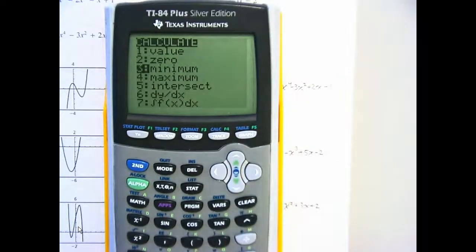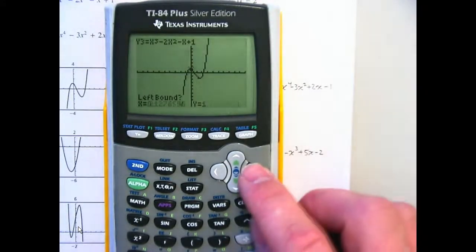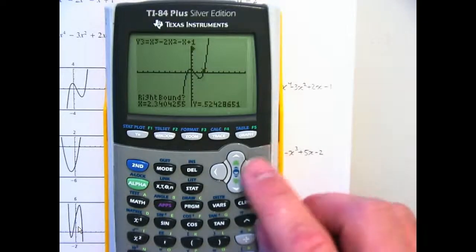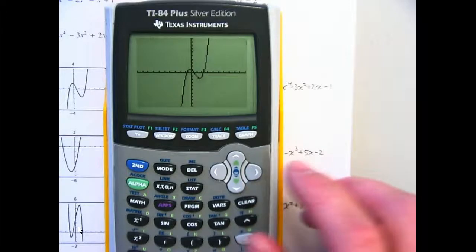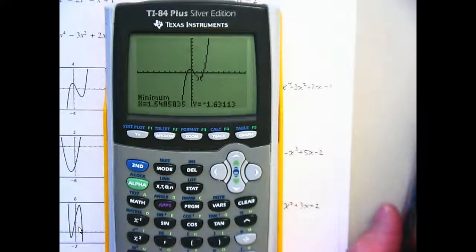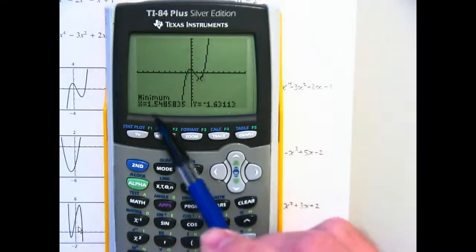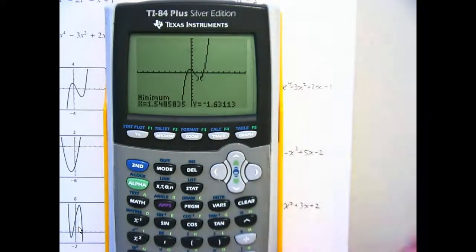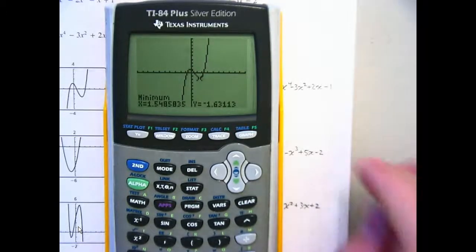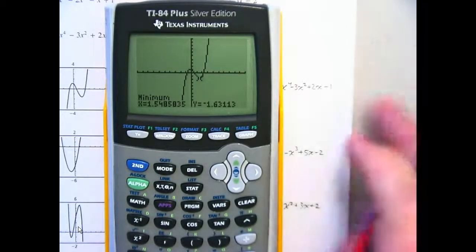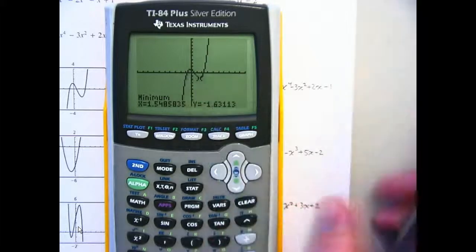Okay, that was 1.55 and negative 1.63. Good? All right. Very good. Okay, so those are relative maximum minimums, also our turning points.